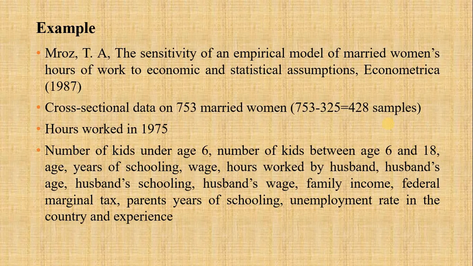For studying this issue, he collected data for many variables: the number of kids under age 6, the number of kids between 6 and 18, total years of schooling, the wage she is getting, the husband's work status and hours of work, the husband's age, schooling and wage, family income, the federal marginal tax, parents' years of schooling, the unemployment rate in the country, and her experience.